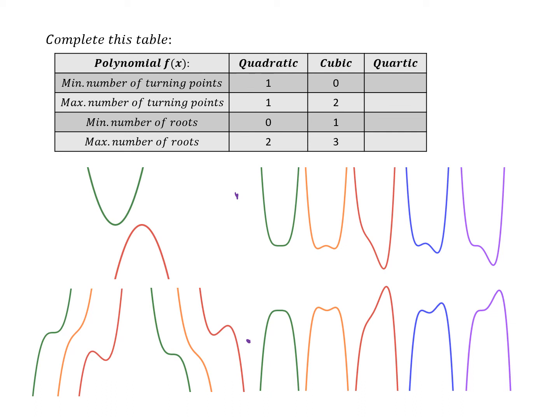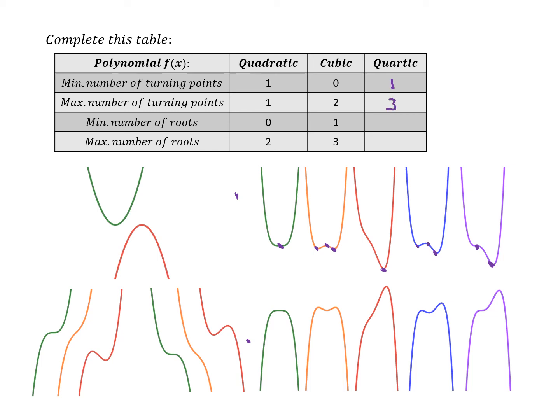If we look at turning points first, here we've got 1 turning point, and here we've got 1 turning point. Here we've got 2 turning points, and with these graphs here we've got 3 turning points. You can't have less than 1 turning point. There must be at least 1 turning point with a quartic, and you can have up to 3 turning points.